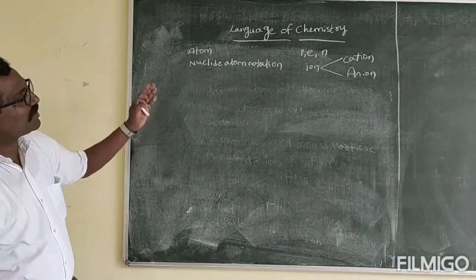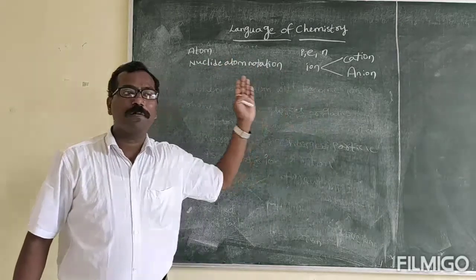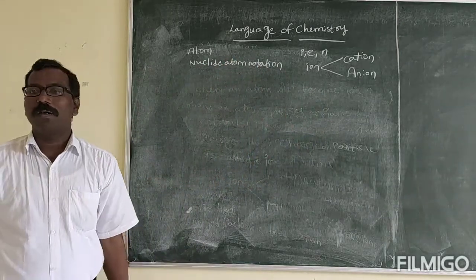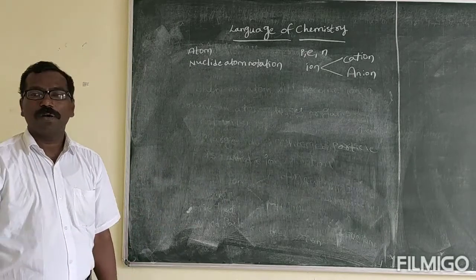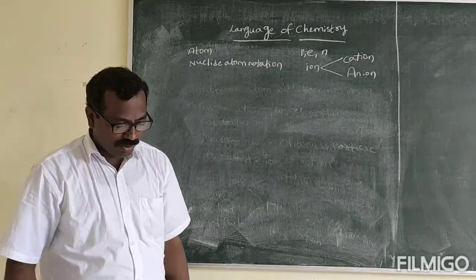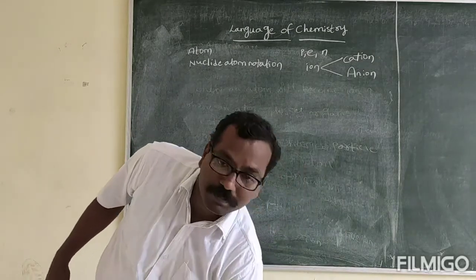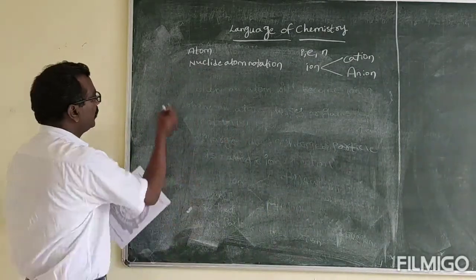So these are the basic fundamentals we have discussed now. Now we will enter into the elements. Okay, so how to learn the elements, I will give you one technique.